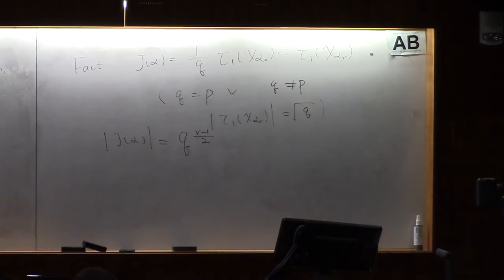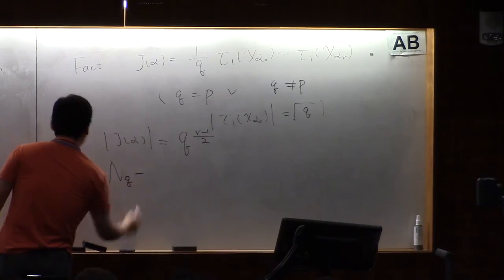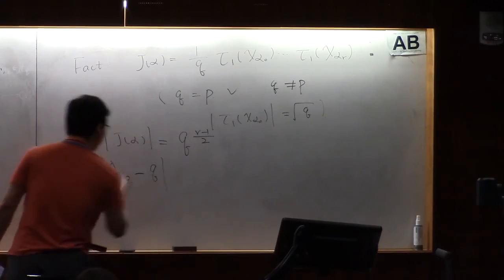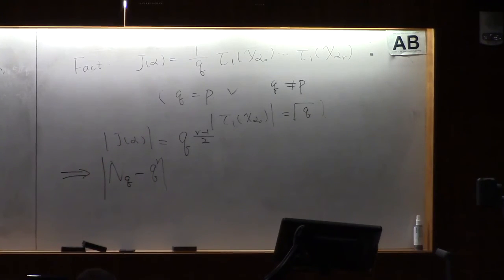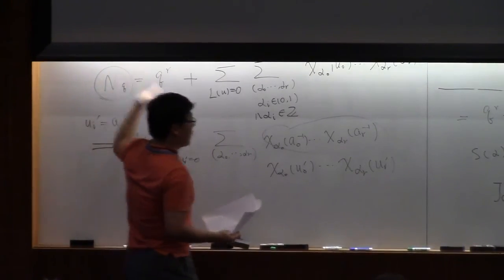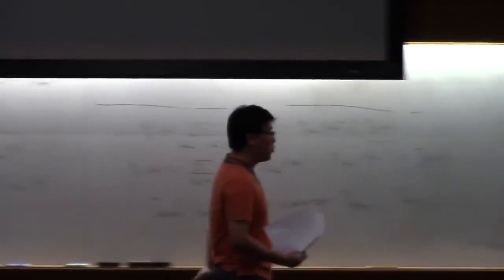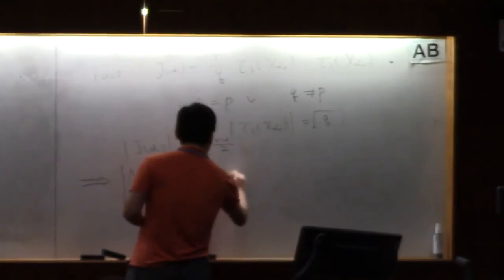Then in other words, if I take the difference between the number of solutions of the homogeneous equation and this constant q to the r, it is bounded by some m.